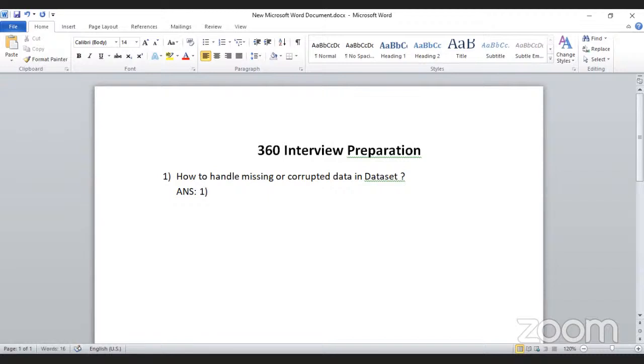The first method is isnull. What it is doing is it will detect the missing values.